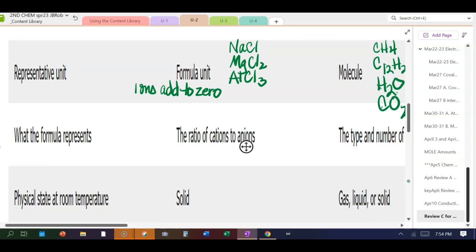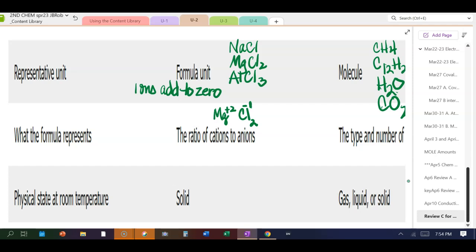So like Mg2+ and Cl2, where each chloride is -1, the relationship is always going to be 2 chloride ions with a -1 charge and 1 magnesium, and see how those are adding up to 0.